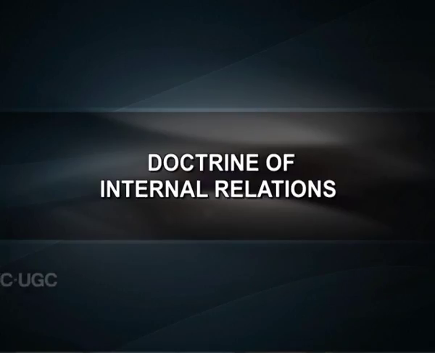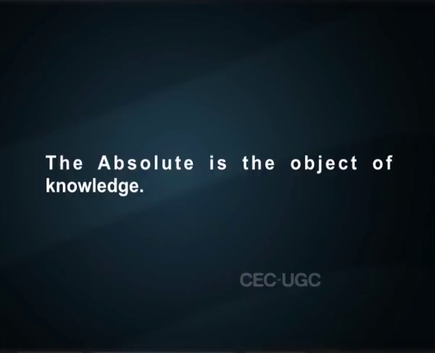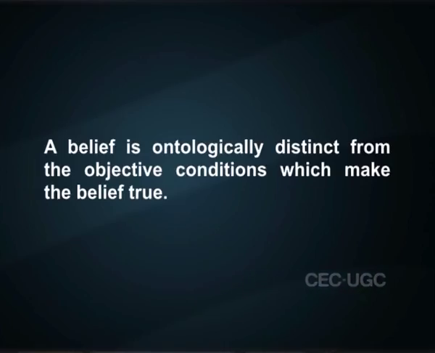Doctrine of internal relations. Idealists are led to a coherence theory of truth by their metaphysical position. To the objective idealist, the absolute is the object of knowledge. Advocates of the correspondence theory believe that a belief is ontologically distinct from the objective conditions which make the belief true. Idealists do not believe that there is an ontological distinction between beliefs and what makes beliefs true.